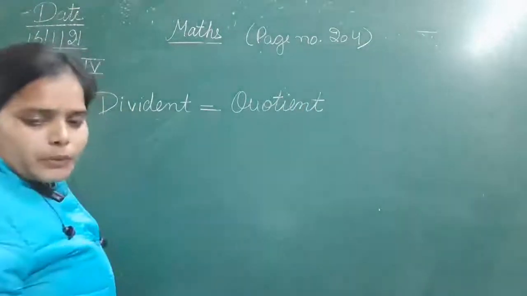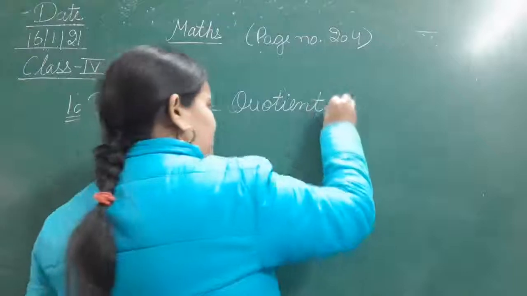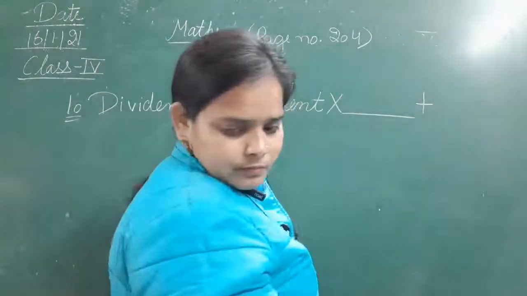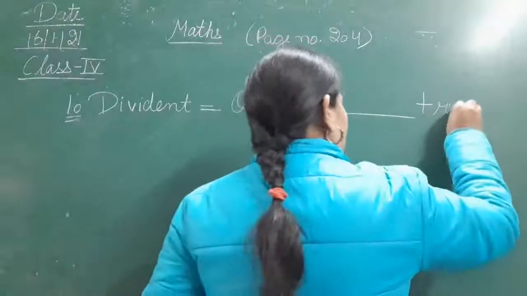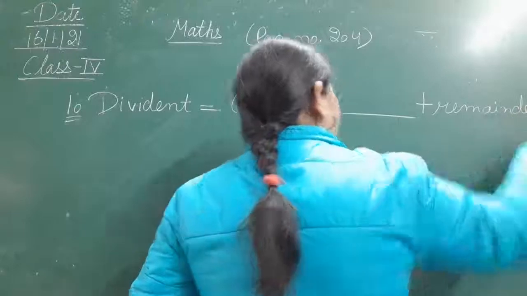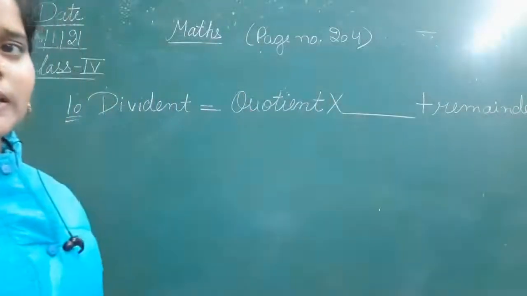Dividend is equal to quotient multiplied by divisor plus remainder. Okay, so it is like this.